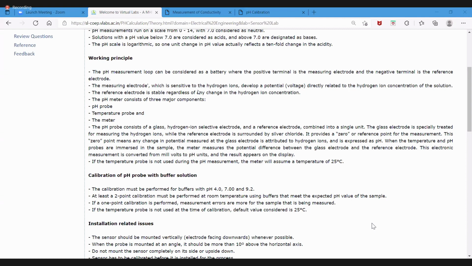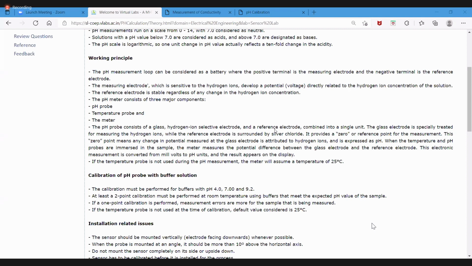The pH meter consists of three major components: pH probe, temperature probe, and the meter. The pH probe consists of a glass hydrogen ion selective electrode and a reference electrode combined into a single unit.